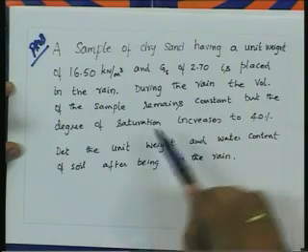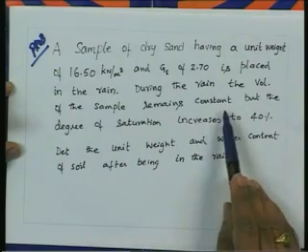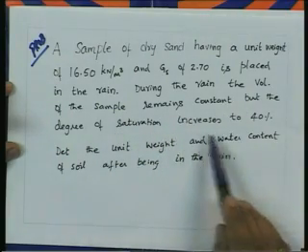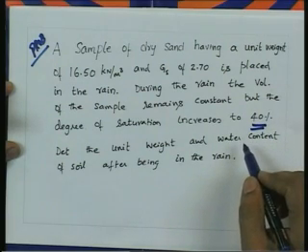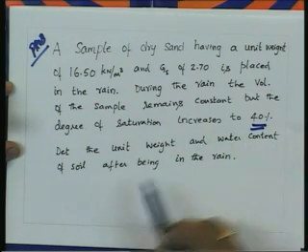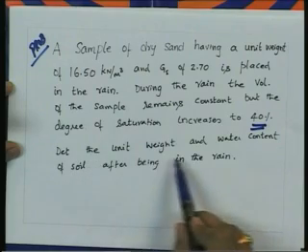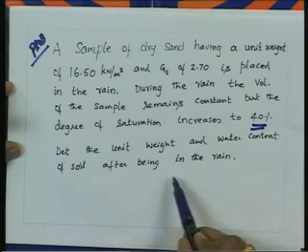During the rain, the volume of the sample remains constant, but the degree of saturation increases to 40%. Determine the unit weight and water content of the soil after being in the rain.